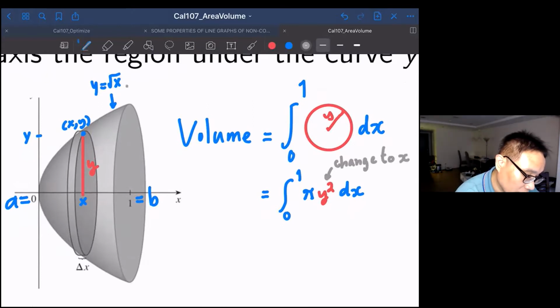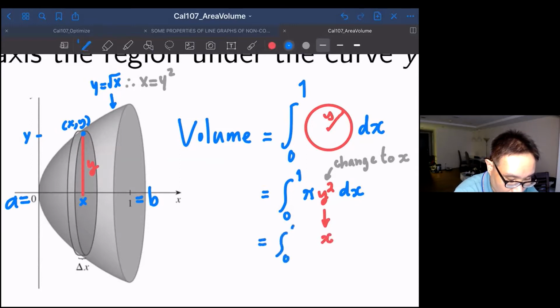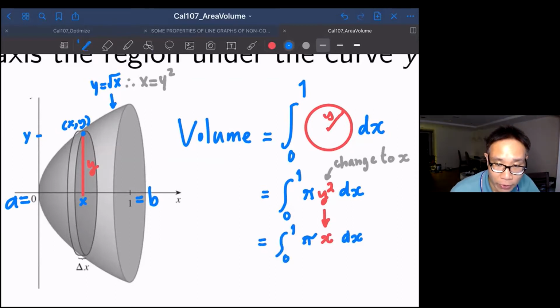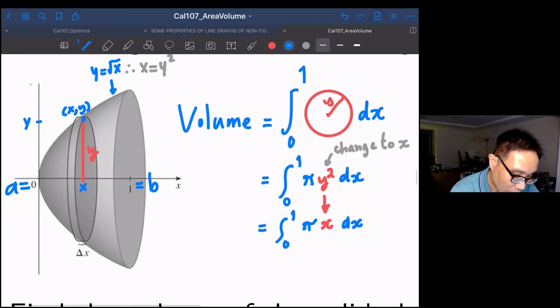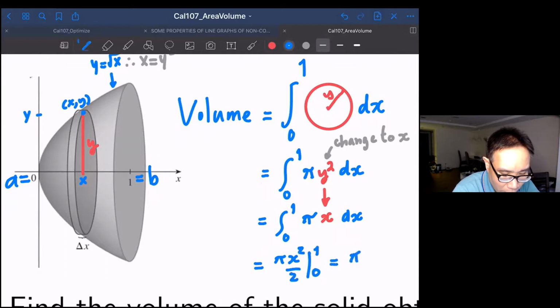So you solve for x: x equal to y squared, so y squared is x. Then you integrate from 0 to 1 of pi x dx. Pi is constant, you integrate x and get x squared over 2 from 0 to 1. So you get pi over 2 as your final answer.